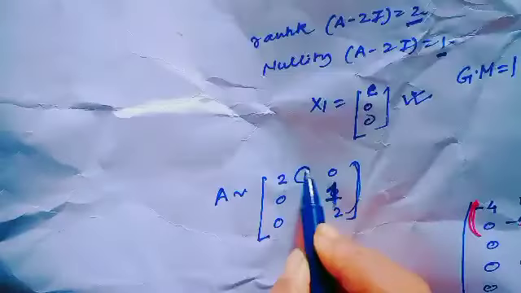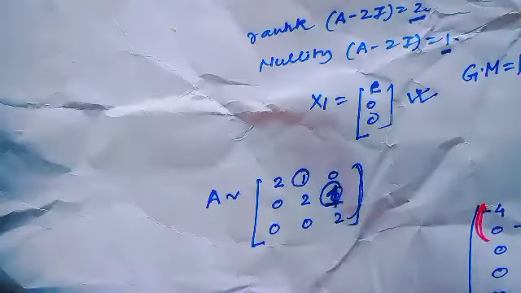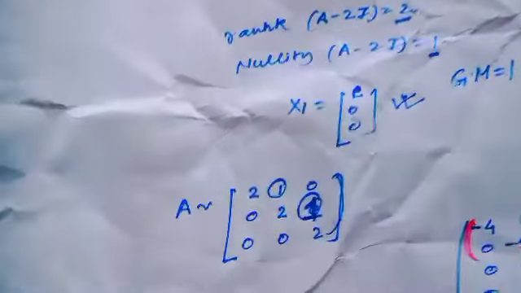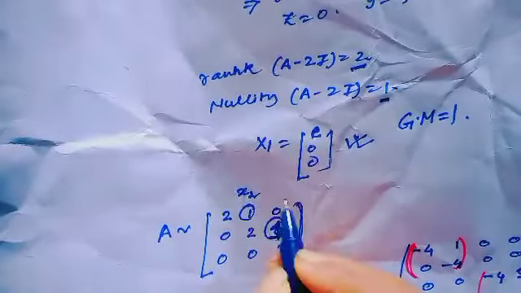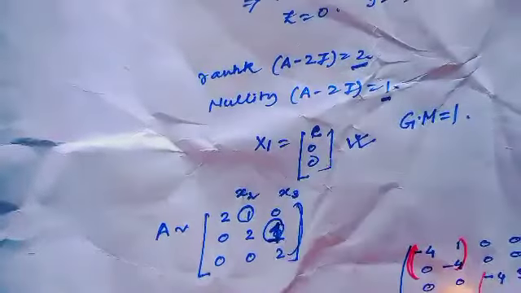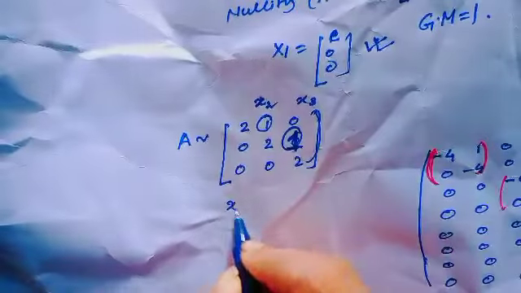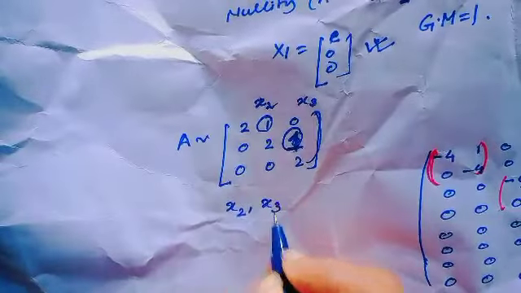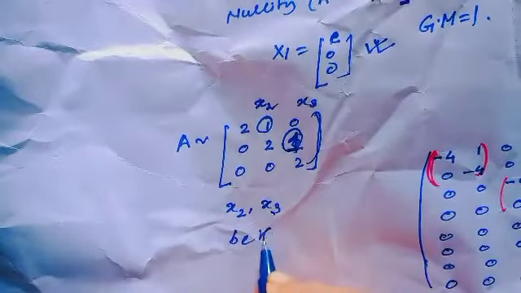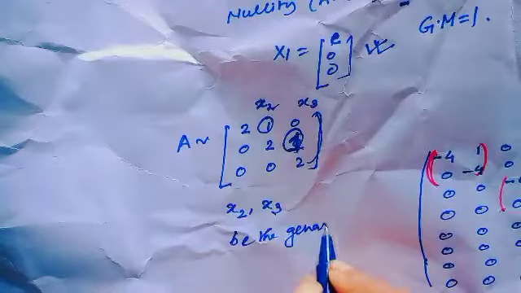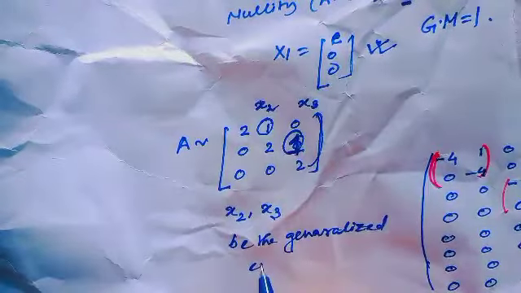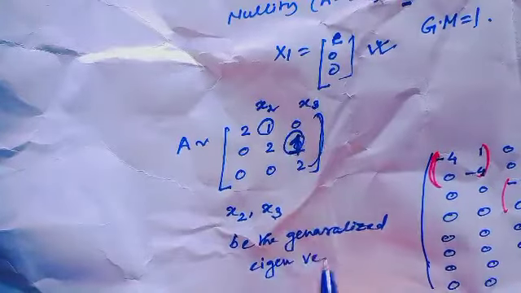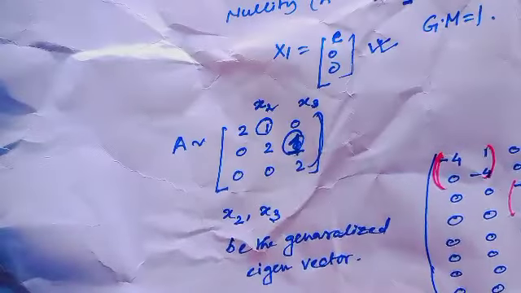Notice this one and this one represent two missing eigenvectors. That means x2 and x3 are not eigenvectors; these vectors x2 and x3 are the generalized eigenvectors. And this is the idea of the generalized eigenvector.